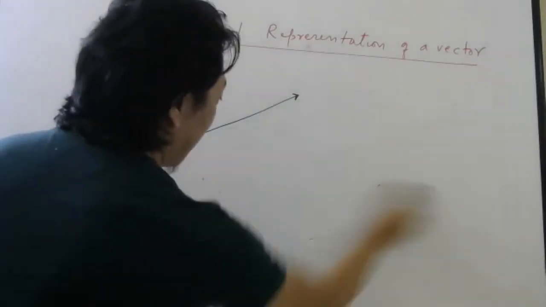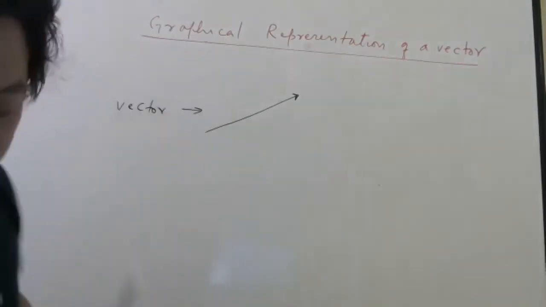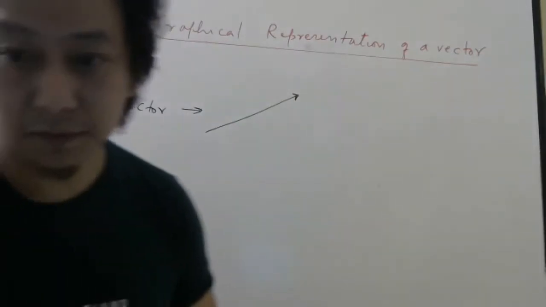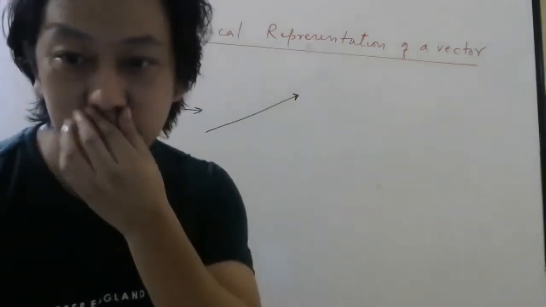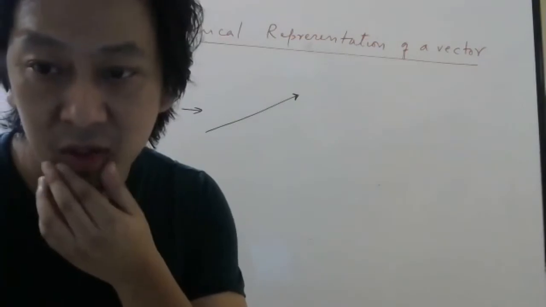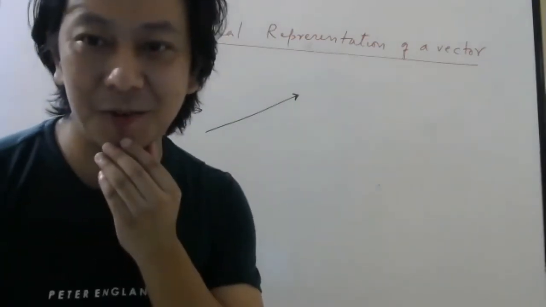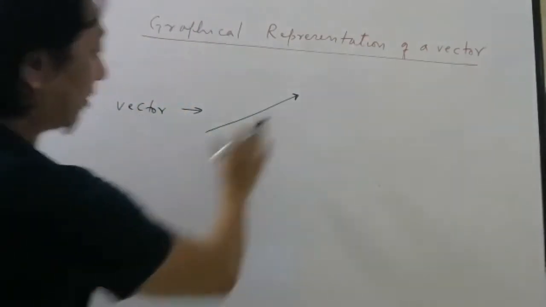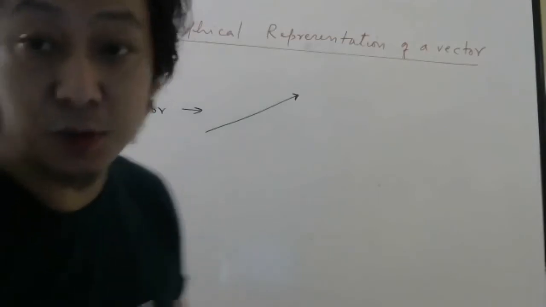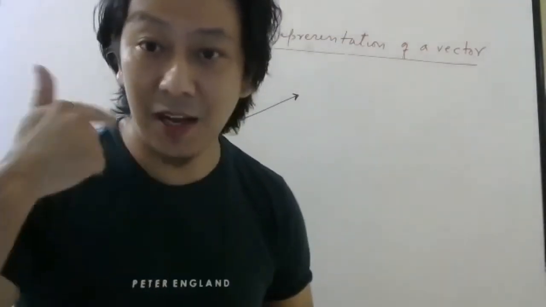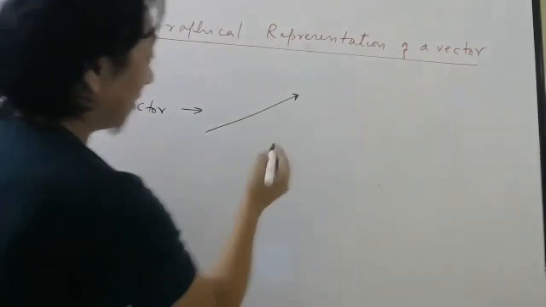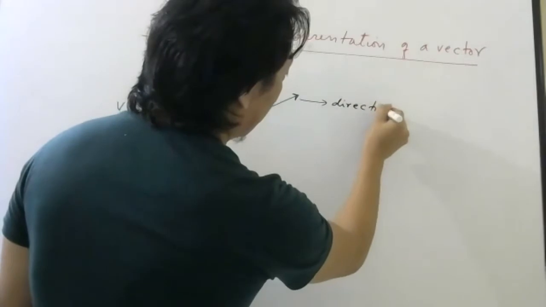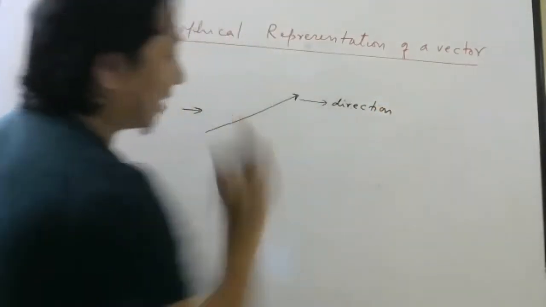This arrow, which is nothing but a directed line, a line with an arrow mark, if it represents a vector, then it should give you two things, magnitude as well as direction. Direction is simple, wherever the arrow is pointing, that will be the direction.